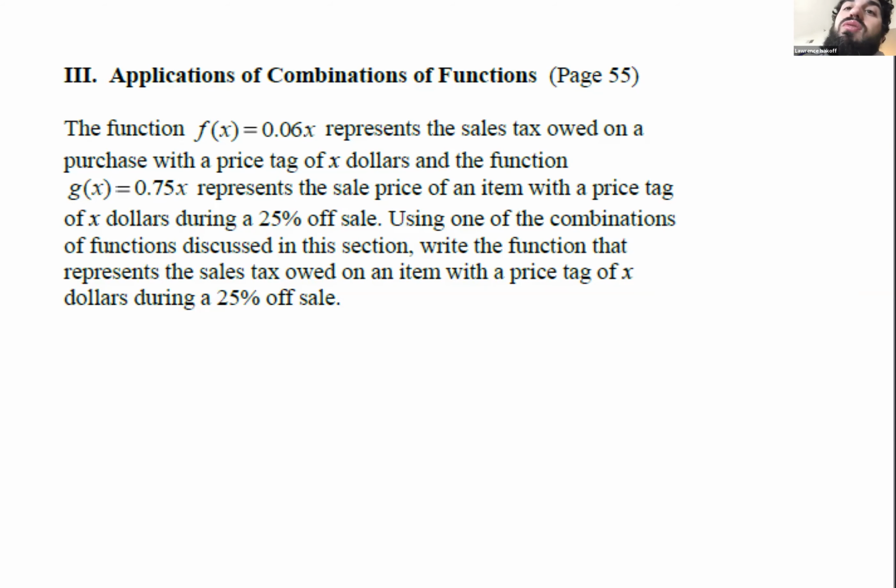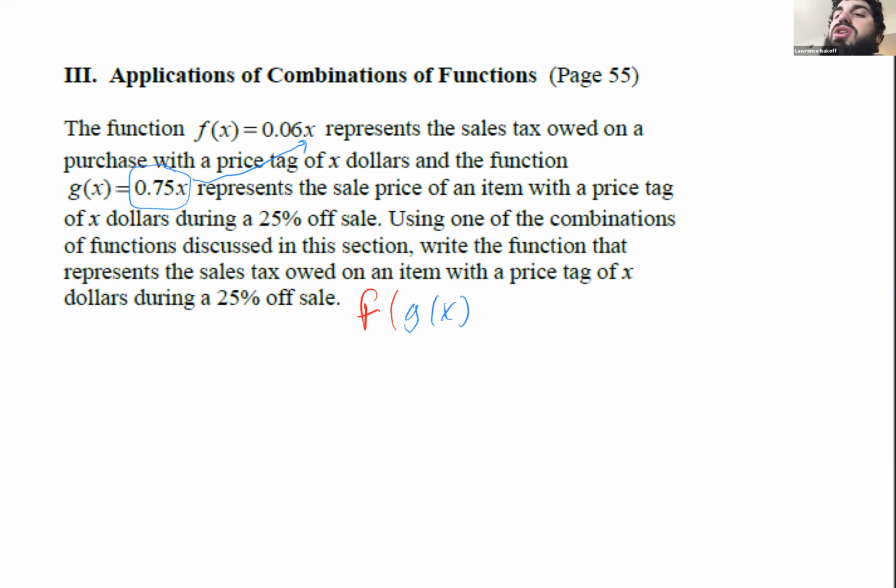Okay, so for this, I'm wanting the sales tax of however much I spent. What I realize here is I would basically just want to put this in for x because that's my new price. So this ends up being f of g of x.